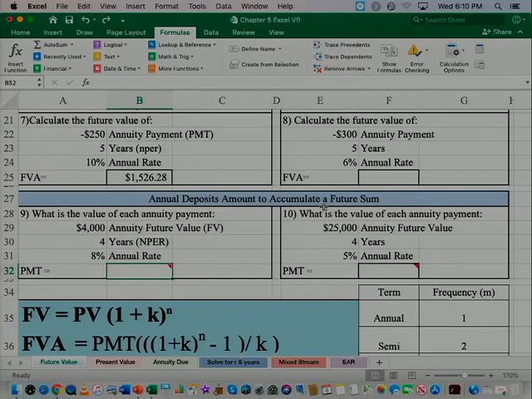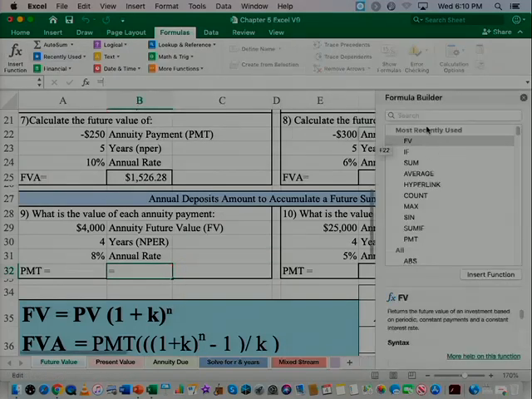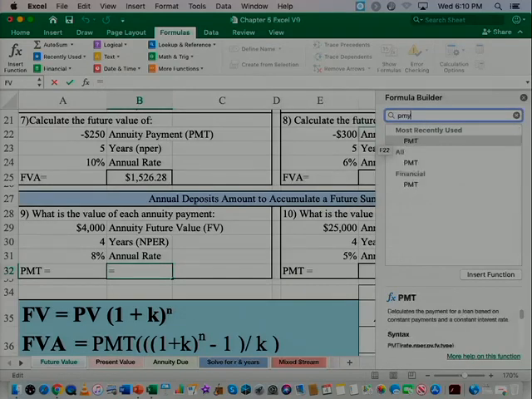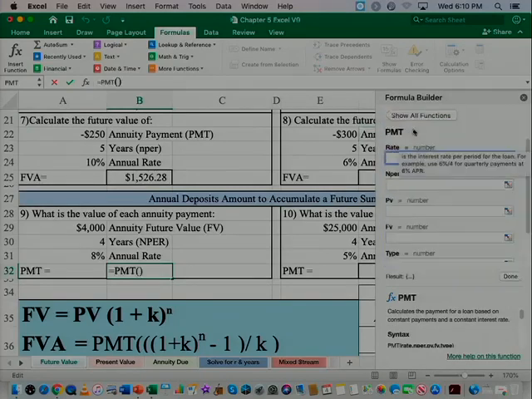Okay. Now question 9. So I left a little note called use the PMT function in Excel. So this is a different function. So we go back and we want to search for PMT. And then click on PMT. So now we have the payment function.